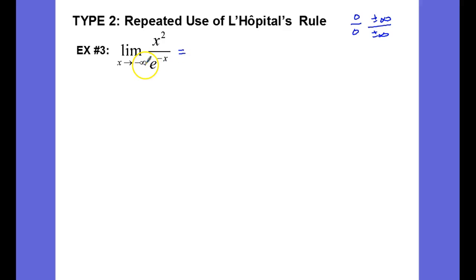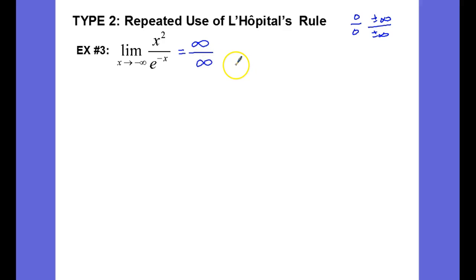If I substitute negative infinity for x, I get infinity squared, which is just infinity. And if I substitute e to the negative infinity, that's e to the positive infinity. Well, that's just infinity.